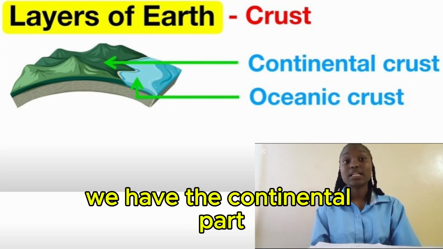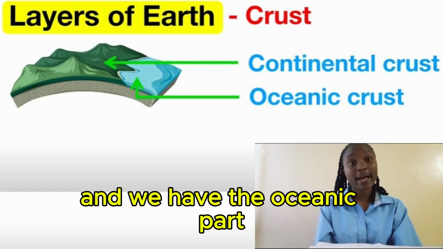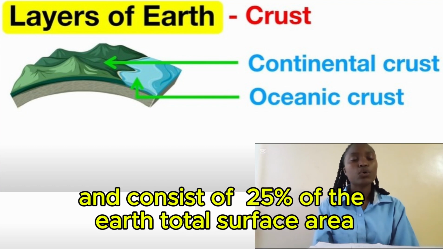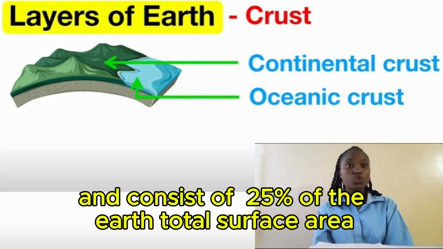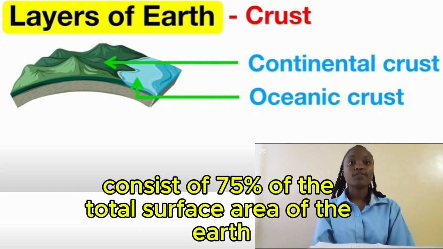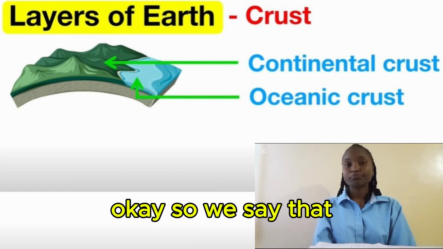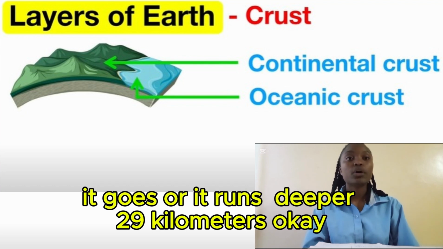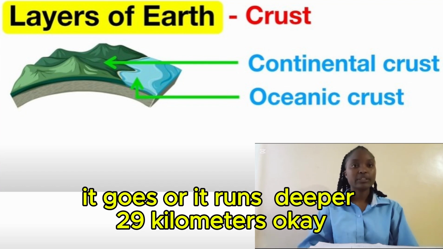We have the continental part and we have the oceanic part. The continental part is where you and I live and consists of 25% of the Earth's total surface area, while the oceanic part consists of 75% of the total surface area of the Earth.